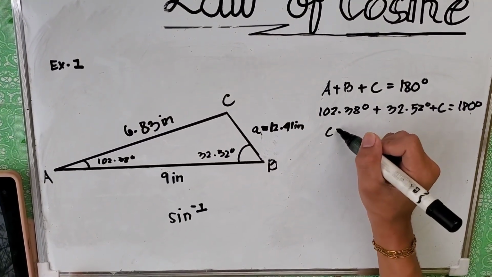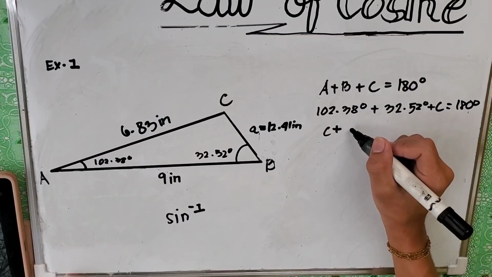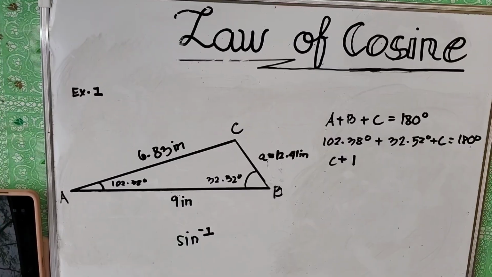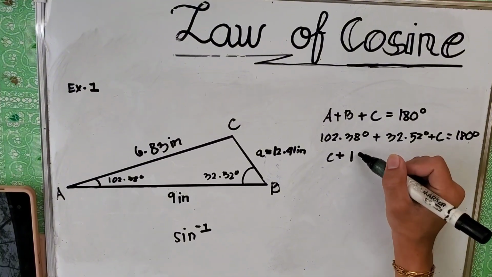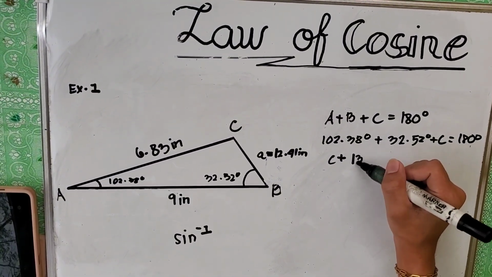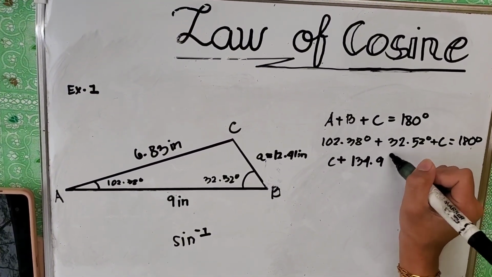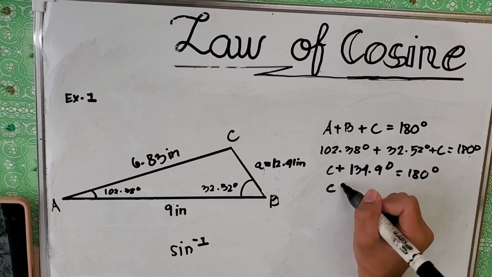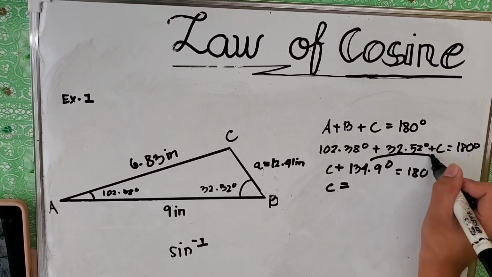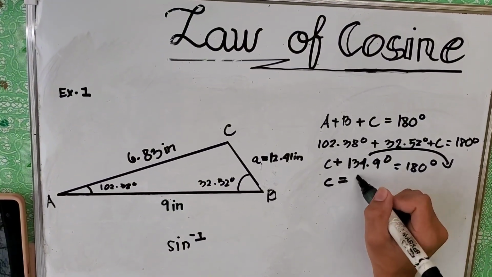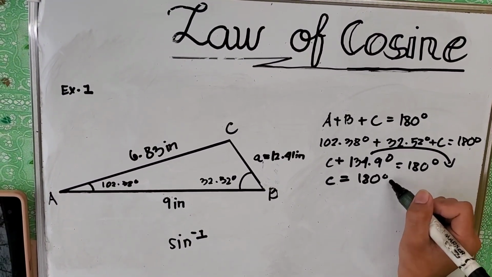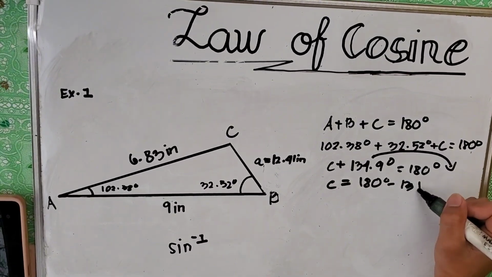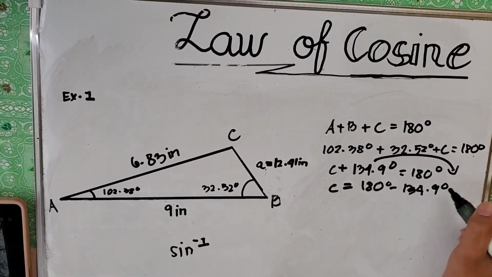If we add these two, we have 134.9 degrees plus C is equal to 180 degrees. To find the value of C, we transpose this to the right side of 180 degrees, and we have 180 minus 134.9 degrees.